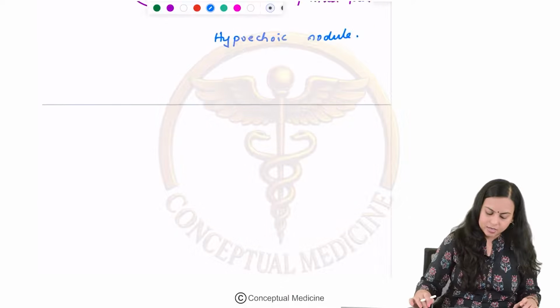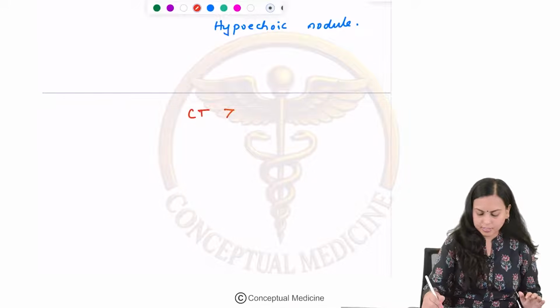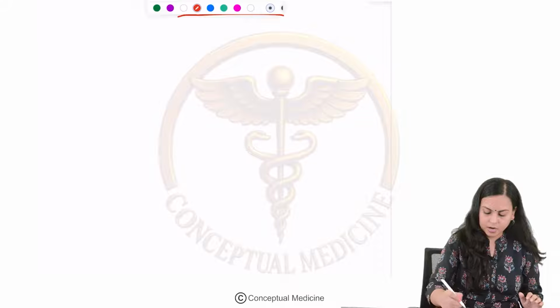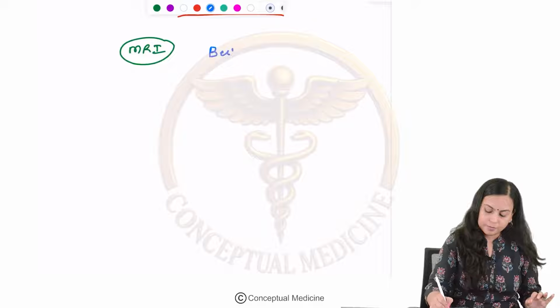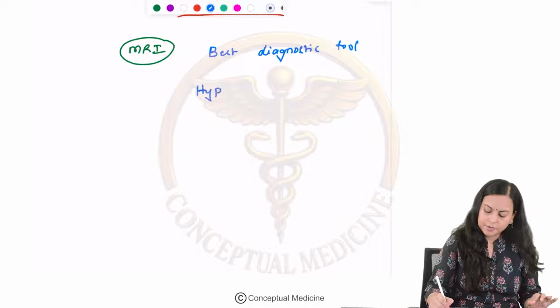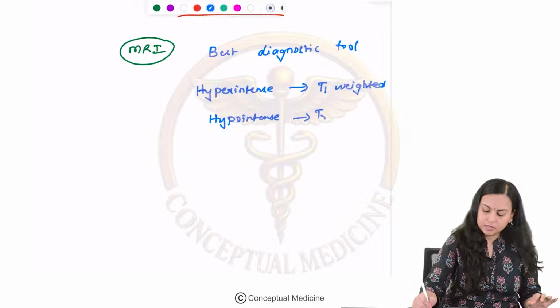Clear? Now, CT is better when compared to ultrasonogram for detection of endometriosis. However, MRI is the best diagnostic tool for endometriosis, and the lesions will appear hyperintense in T1 weighted images and hypointense in T2 weighted images.